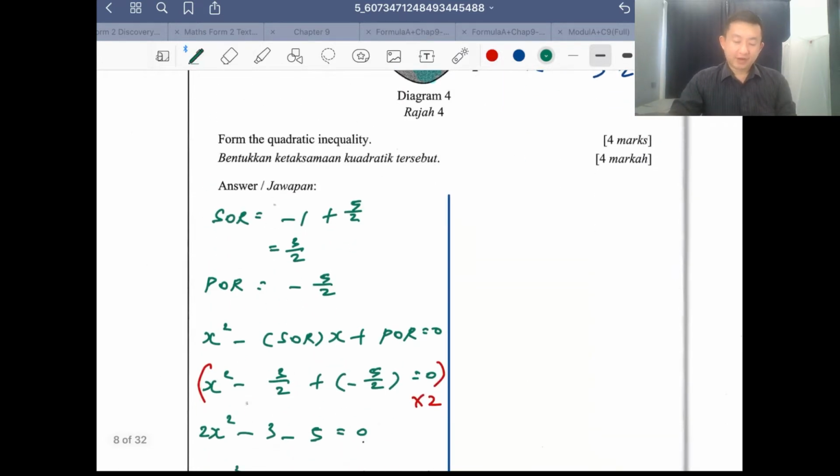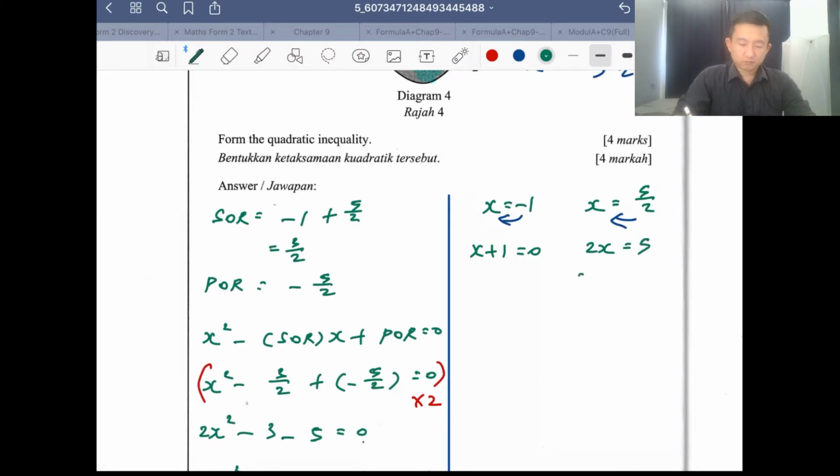Or since you have the roots, you can also do it this way. Since both of these equal 0, you can group them together.